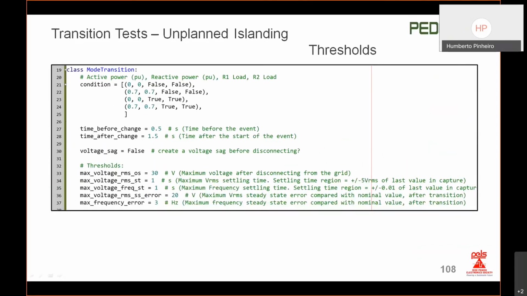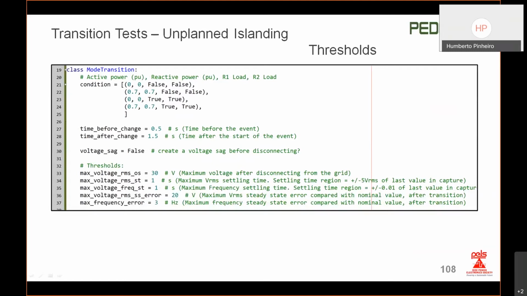So you can parameterize the test over here. You can set the reference points; here we have four tests. In the first test, we have active power and reactive power set to 0, and then we unintentionally disconnect the microgrid from the grid with no load. And then you can have these different combinations. In the last test, we have the reference set point for active power equal to 0.7, the reactive power also 0.7, and then we have full load.